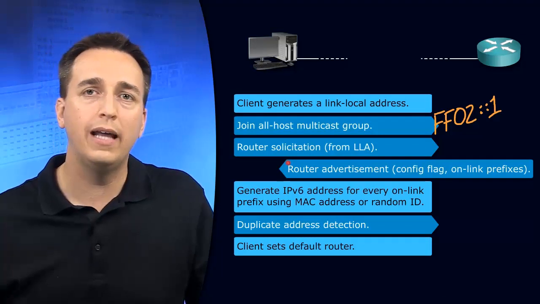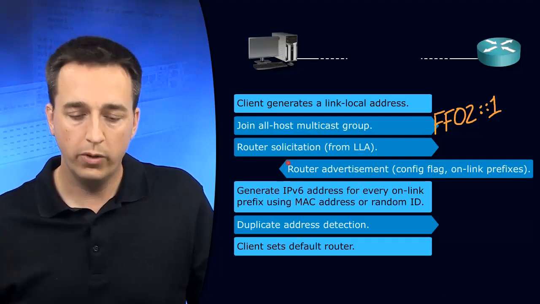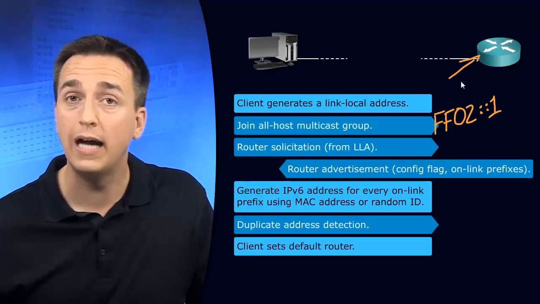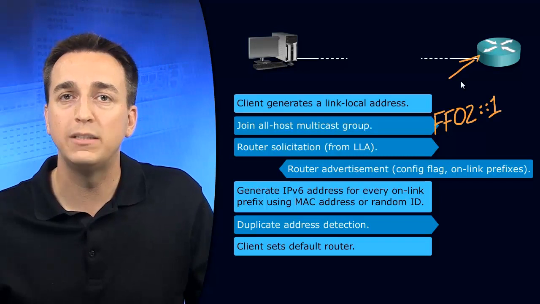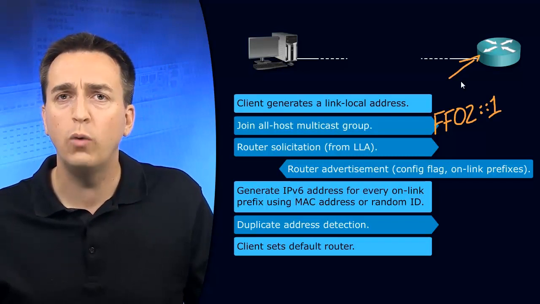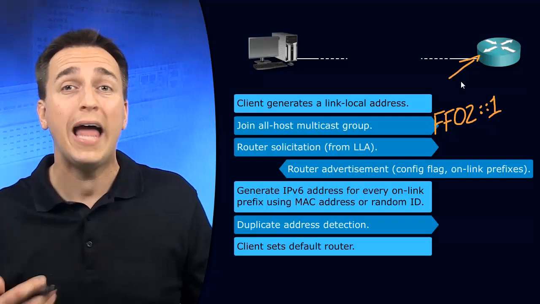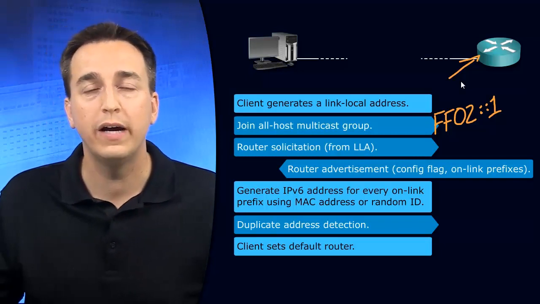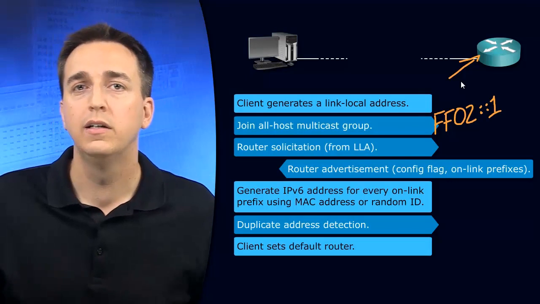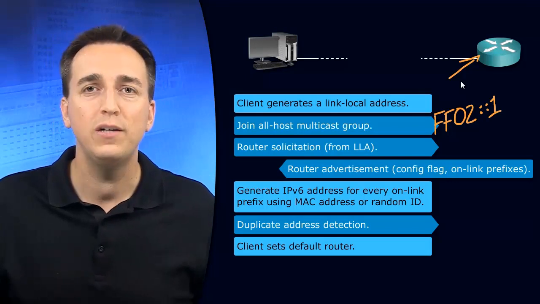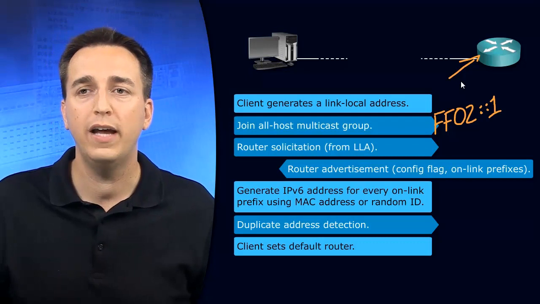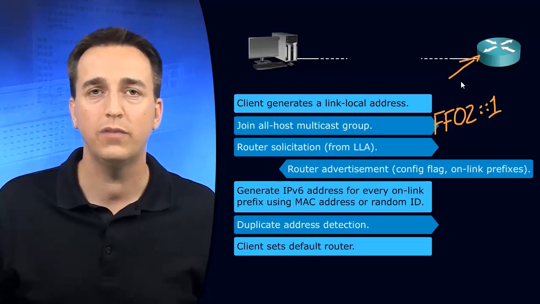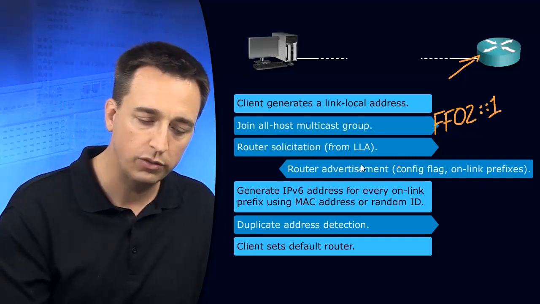So it'll identify the prefix that this interface is utilizing, that it's part of, as well as potentially some other configuration flags that might be necessary for the configuration part of it, or even pointing to a DHCP server. A config flag could say, well, if you want to get DNS information, you have to go to a DHCP server. That is possible as well within this router advertisement.